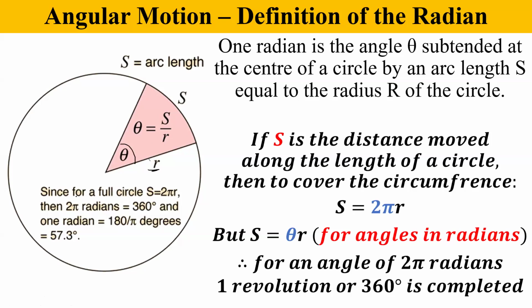Since for a full circle the arc length around it is 2 pi r, then 2 pi r radians is equal to 360, and 1 radian is equal to 180 divided by pi degrees. So 1 radian is really equal to 57.3 degrees. That's what we're saying here in essence, right?